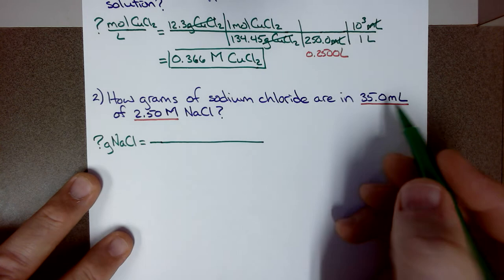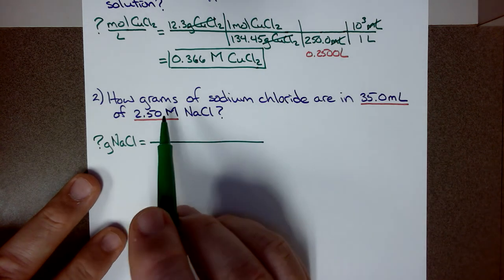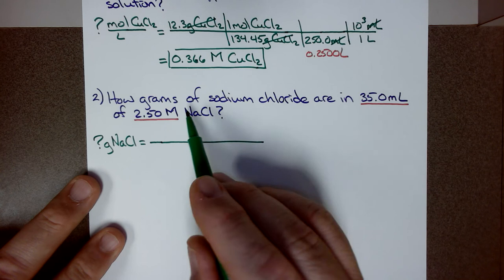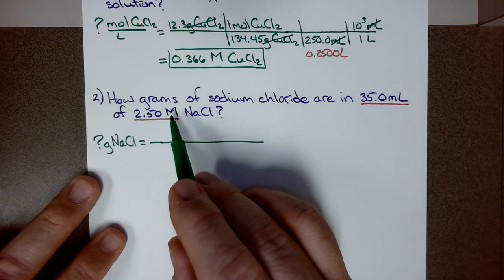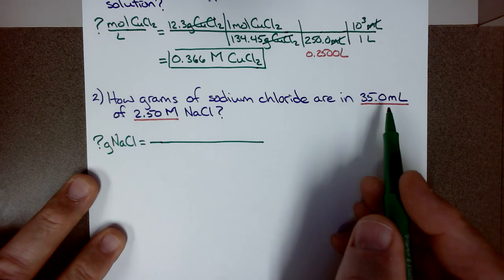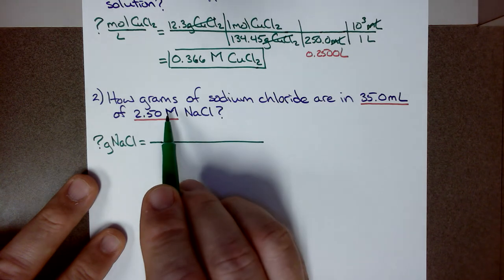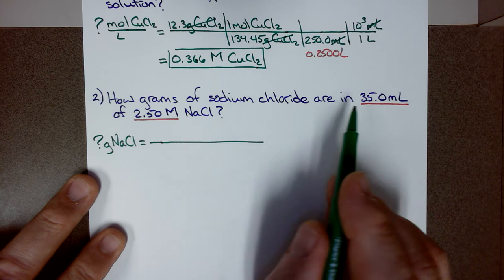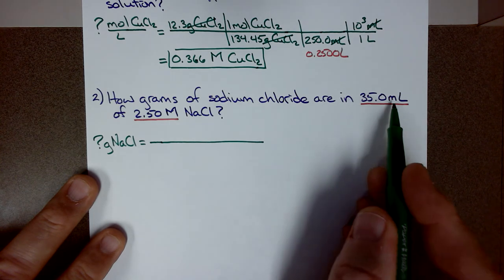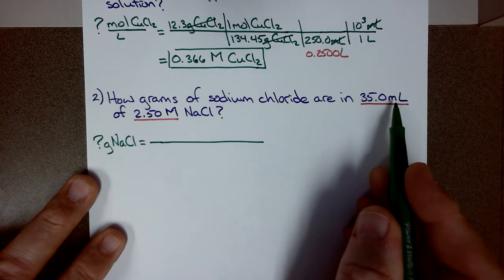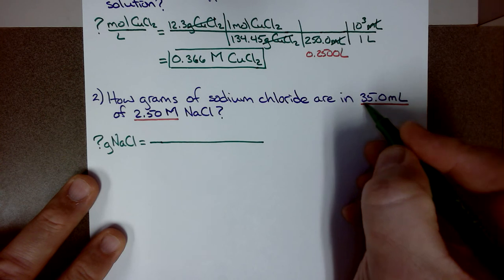Now, if you have to decide which of these values to start with, remember molarity is a derived unit, so we don't start with derived units if we can avoid it. We start with a direct unit, and that's the volume here. Now we have to remember that molarity is moles per liter, which means I need to convert this volume from milliliters to liters. If I do that in my head, I'm just going to move my decimal 3 places.